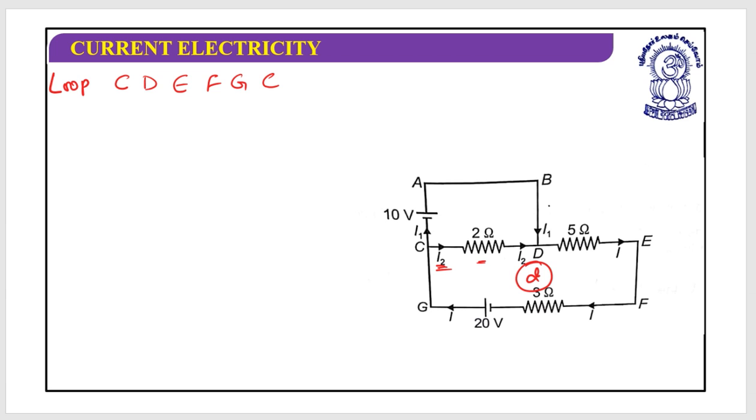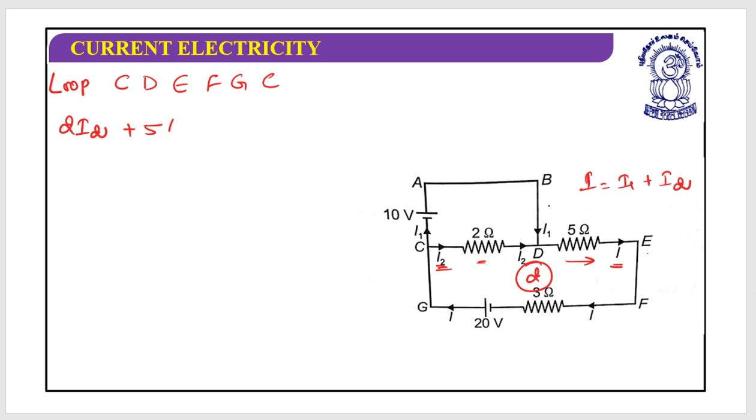Here it is I2 that has been passed through the 2 ohm. So this is 2 into I2. From D to E, it is the I which is flowing, and when I say I, it is the combination of I1 plus I2. I know that this is I, that should be equal to I1 plus I2, and we are moving in the same direction as current is moving.